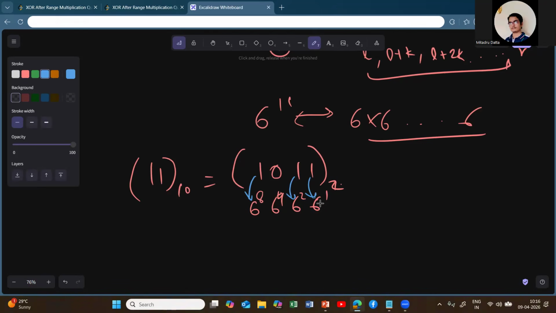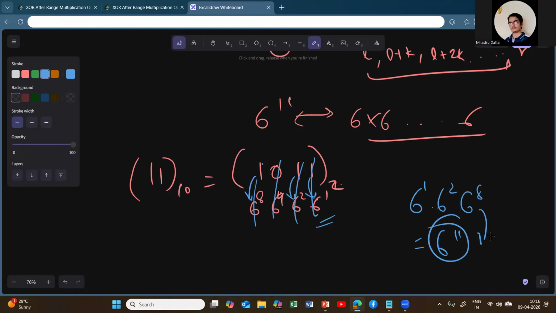Whenever you encounter a set bit, you just multiply that one. 6 power 1, you encounter a set bit over here. Now 6 to the power 2 also, you encounter a set bit over here. Here you do not encounter any set bit. If you encounter a set bit over here, just multiply 6 power 8. And you see this is nothing but 6 power 11. So this is nothing but a shorter way to multiply. Any large number, like 10 to the 9, you just express in the number of bits and you just traverse through the bits.